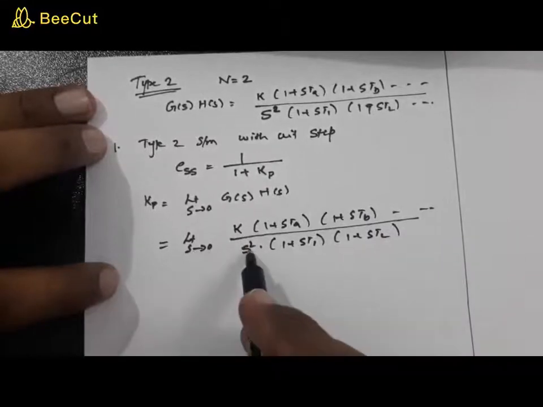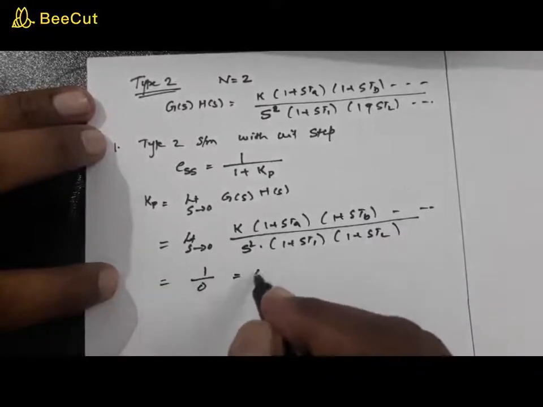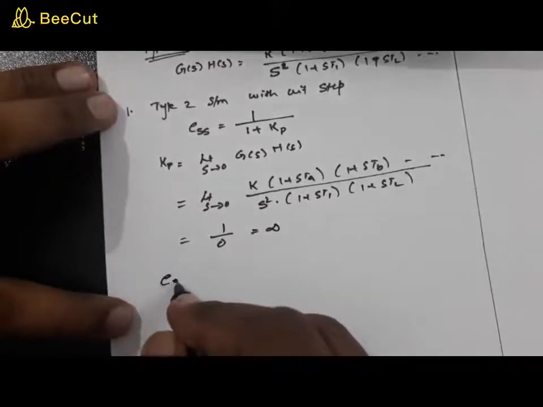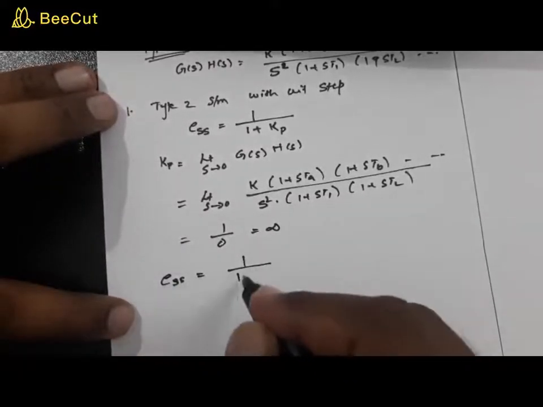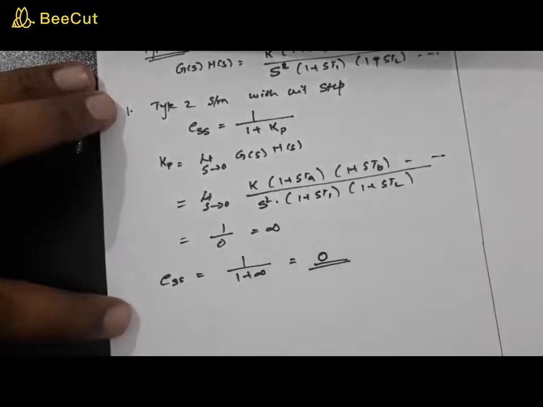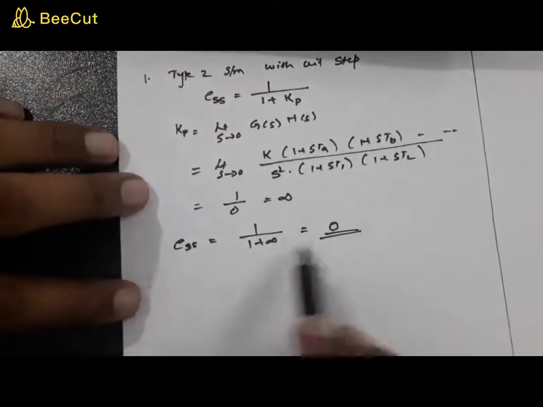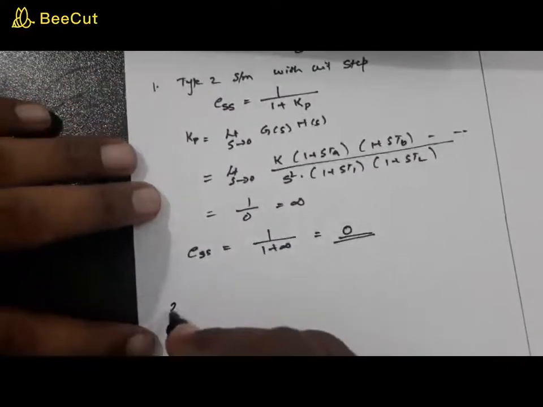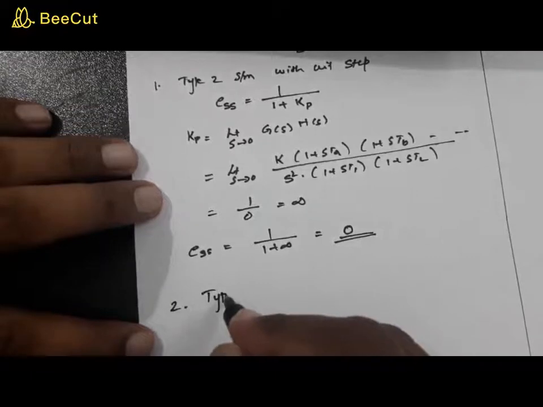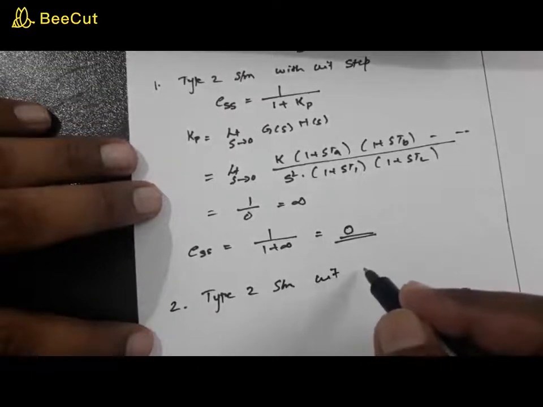When you apply s tends to 0, this becomes 1 by 0, which is infinity. We know that the steady state error is 1/(1+infinity), which is equal to 0. So for a type 2 system, this unit step is acceptable because the steady state error is 0. Now coming to the second case, where you consider a type 2 system with the unit ramp input.